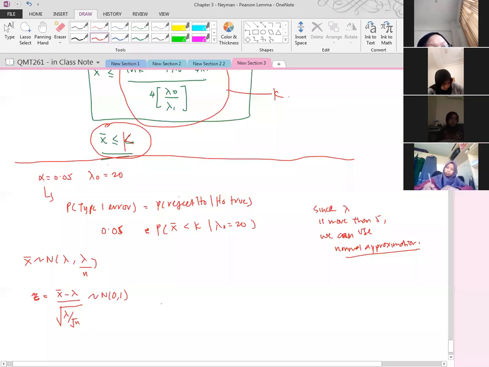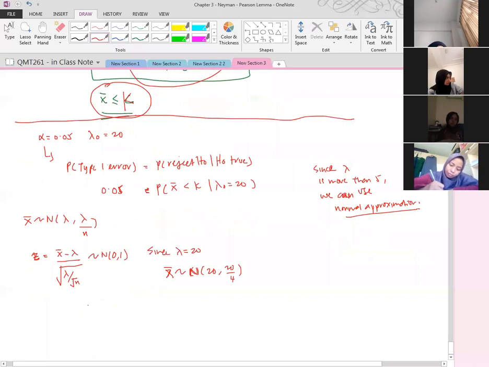So since lambda is equal to 20, x bar will be normal distribution with mean 20 and variance equal to 20 over 4, because we only have 4 observations, right?